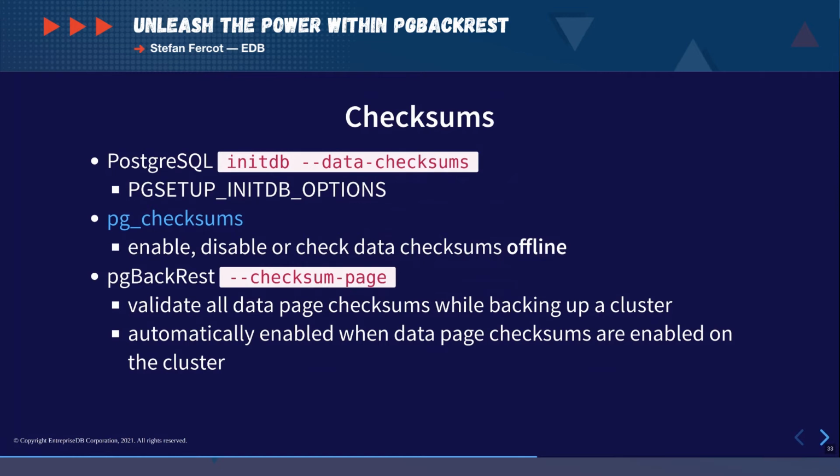You can also see it in the info command, if you specify the option --set and your backup set, you will have a bigger summary than the one I've shown presently. And if there are checksum errors, they will be shown there too. So that's pretty handy: if you have checksums enabled, pgBackRest will be able to check them while it's taking the backup.